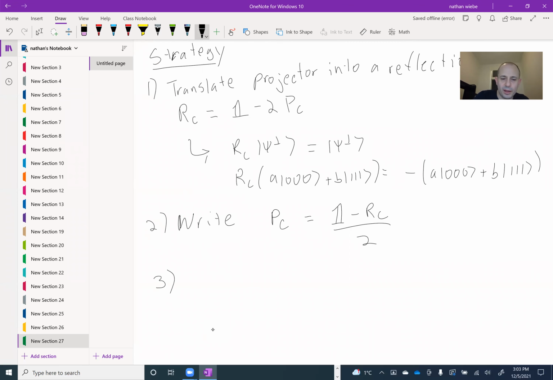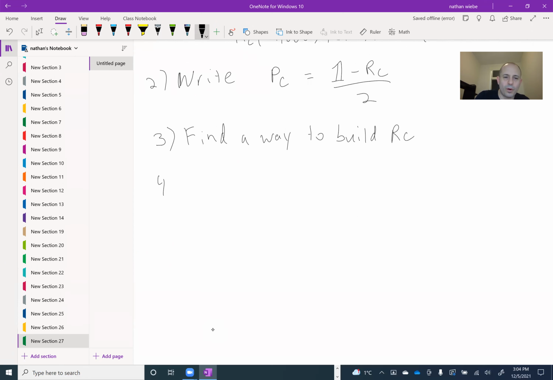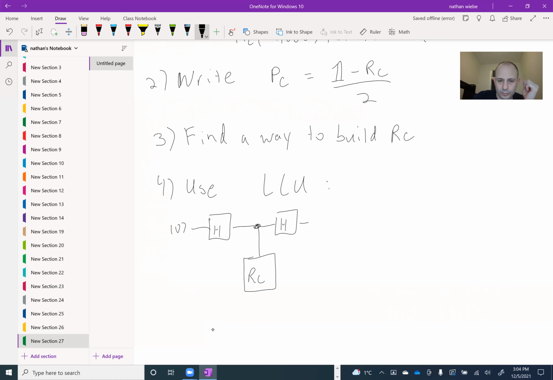Then three, we need to find a way to build RC. And then four, use LCU in the following way. The simplest circuit for implementing this would be H, RC, H, measured.